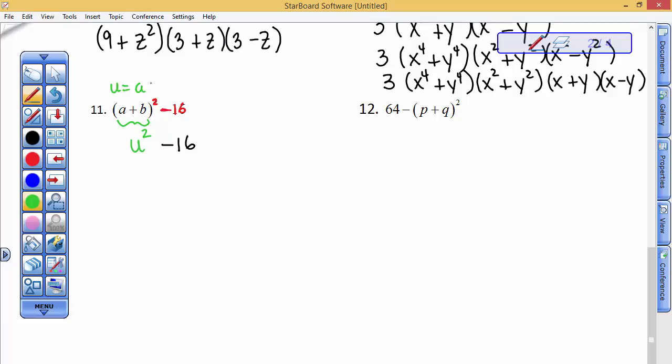This is challenging for some people. Because now what I do is I'd factor this into u plus 4 and u minus 4, and then in place of u, I'd substitute a plus b. So in place of this, I'd substitute a plus b and bring down my plus 4. And right here, I'd substitute a plus b and bring down my minus 4. And I'm done. That is the factored form of this problem.